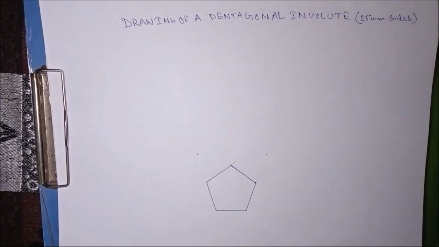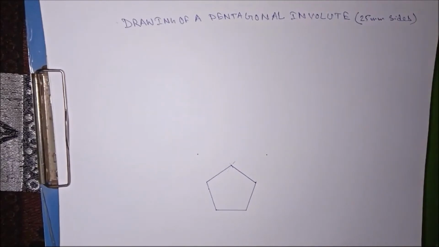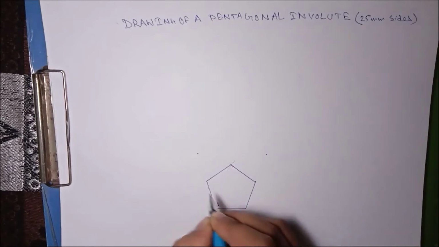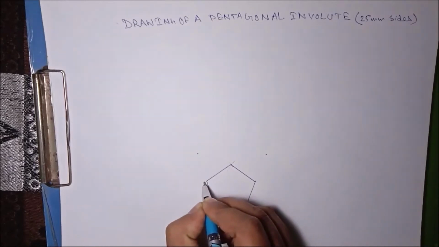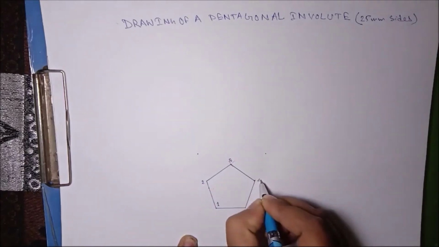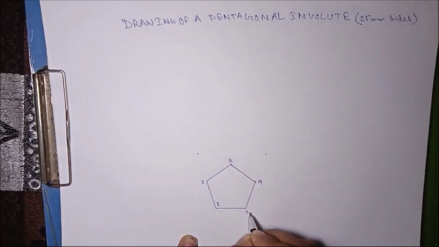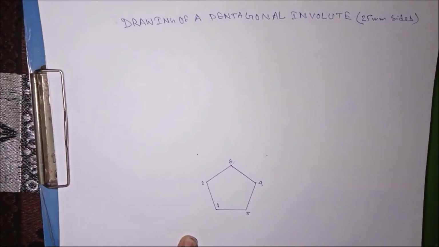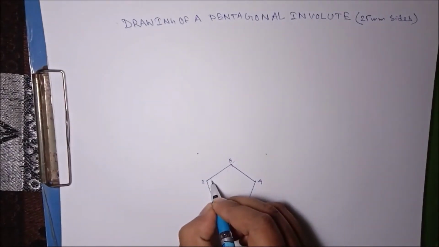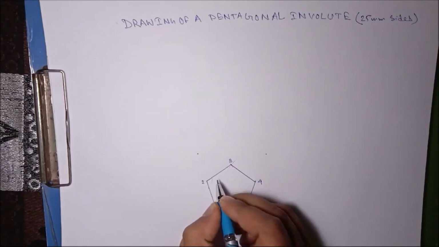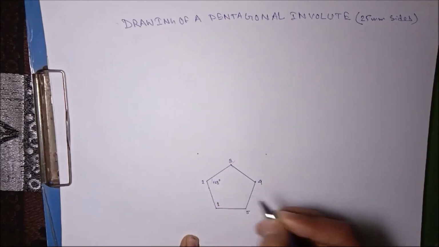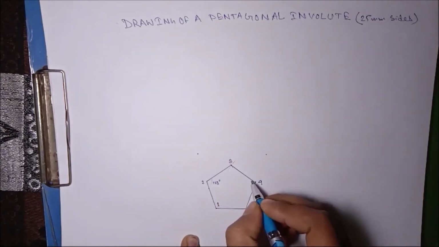Okay. Now we identify each side's names. We give those names: 1, 2, 3, 4, 5. Okay. The angle is 108 degrees. Here also 108.